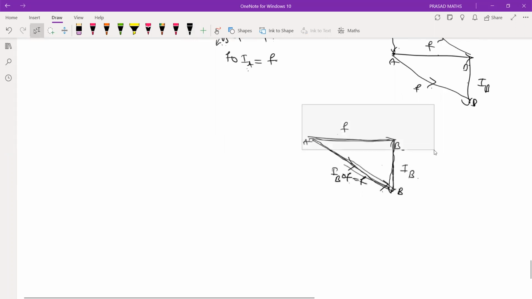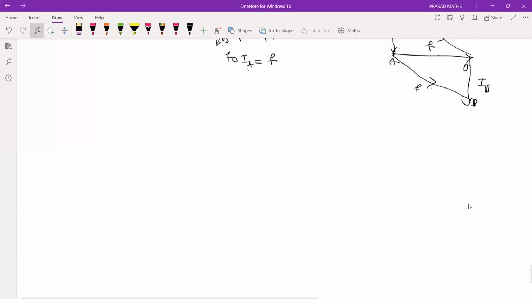Right. Next is the third result. Composition map is associative.